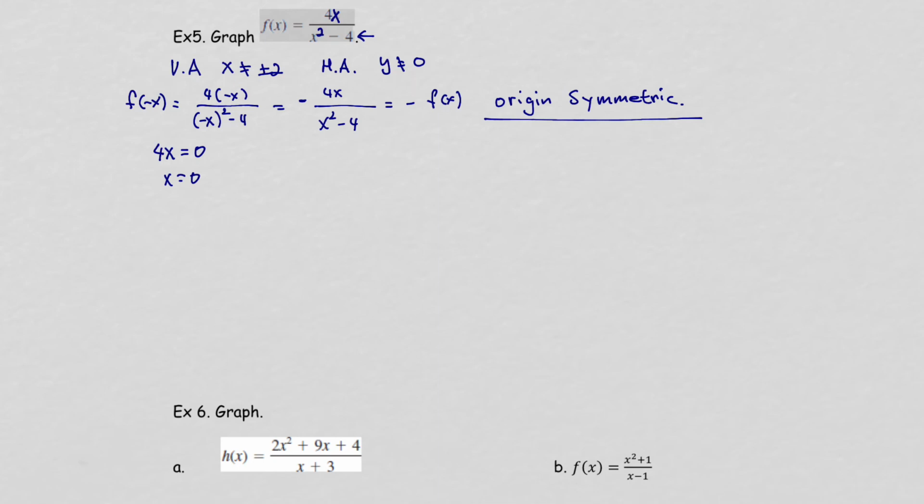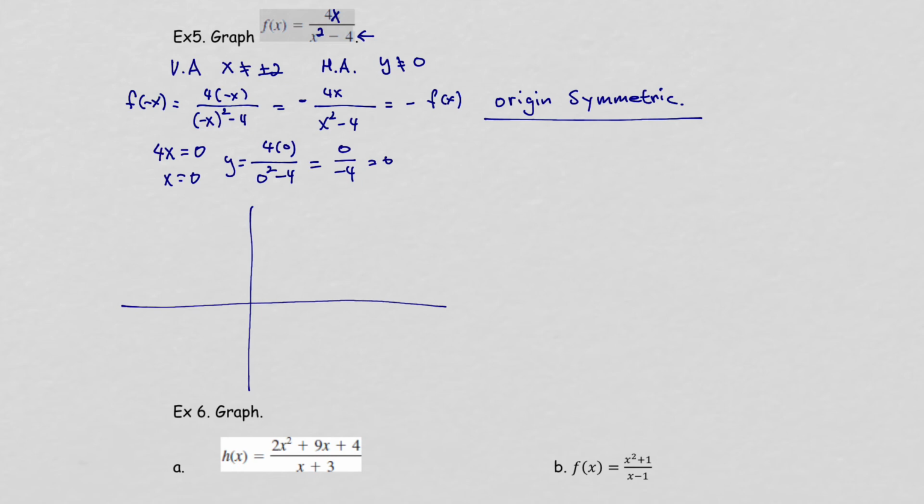The y-intercept is when x equals 0, which is 0, right? And plug in all that information we have. Let's do the asymptote: plus 2, negative 2, and the horizontal asymptote is the x-axis.